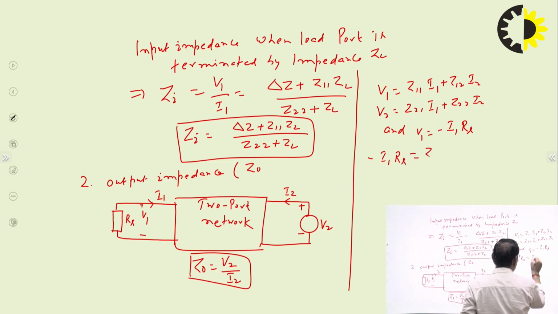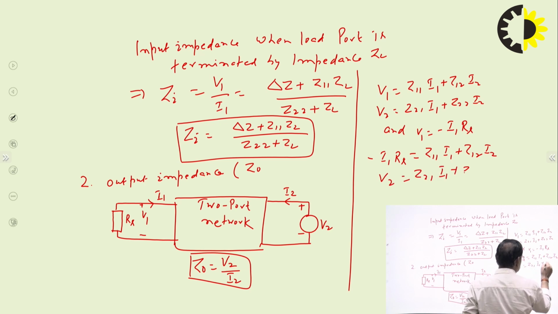is equal to Z11 I1 plus Z12 I2, and V2 is Z21 I1 plus Z22 I2. Now you have to find the ratio of V2 to I2. So what you have to do? You have to replace this I1.